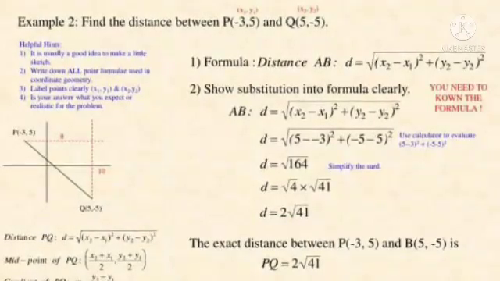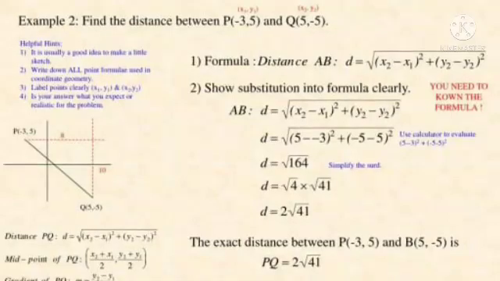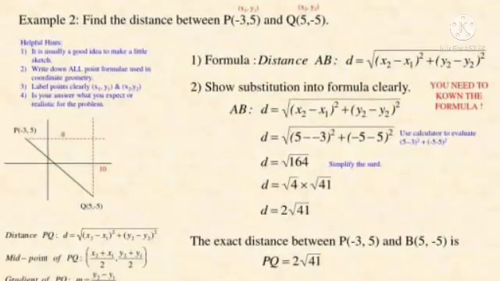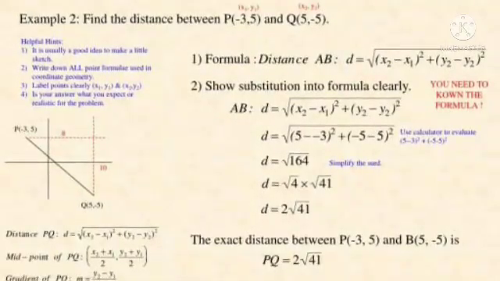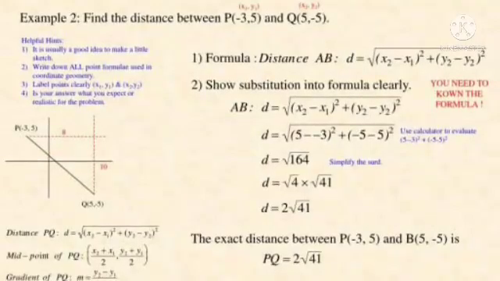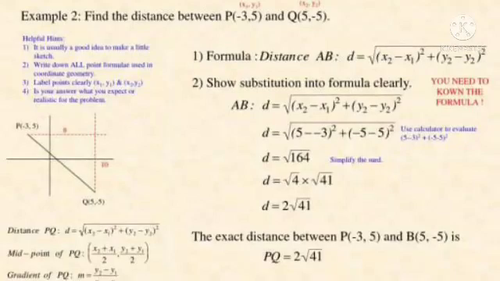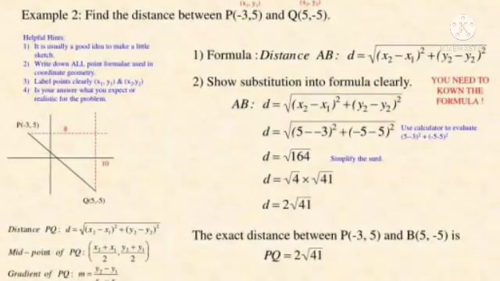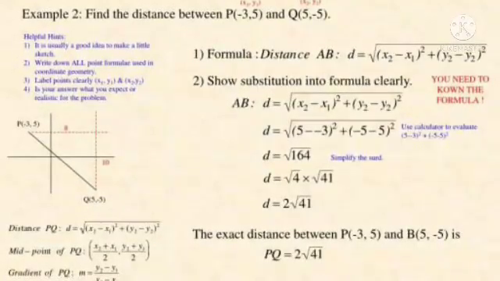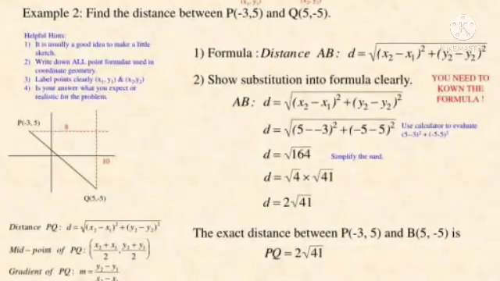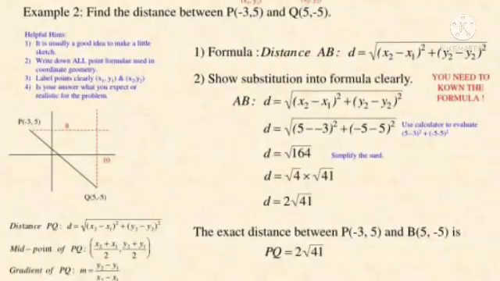D is equal to root 164. D is equal to root 4 multiplied by root 41, which is equal to 2 root 41. The exact distance between P (minus 3, 5) and Q (5, minus 5) is PQ equal to 2 square root 41.